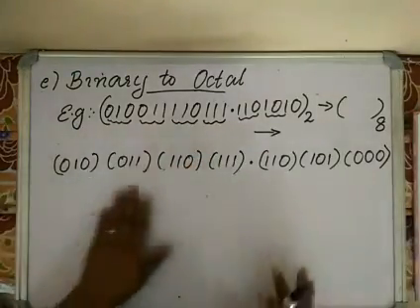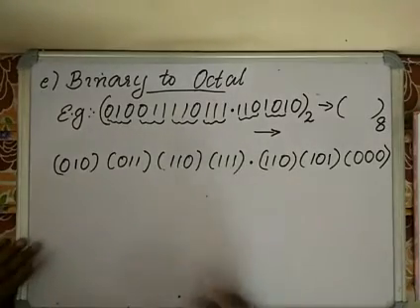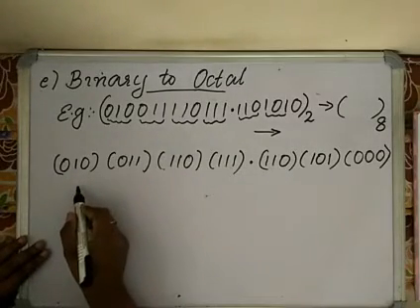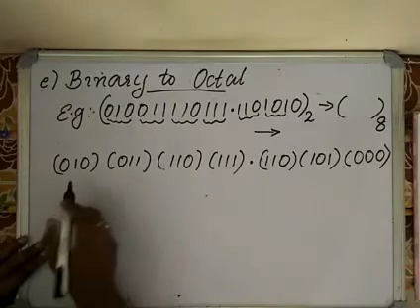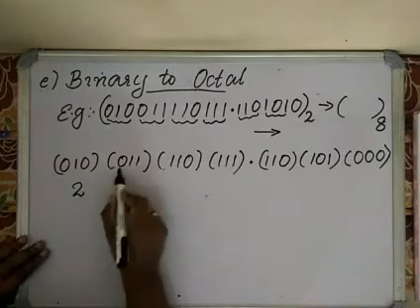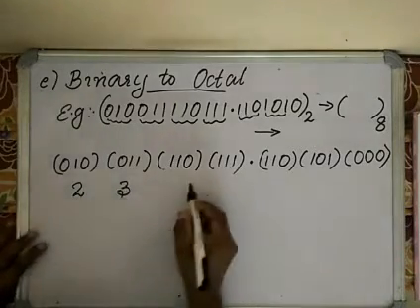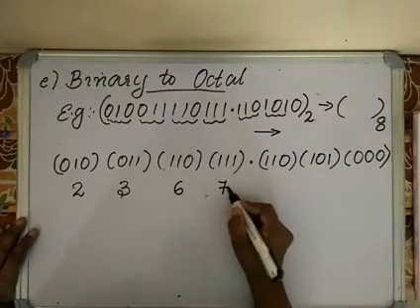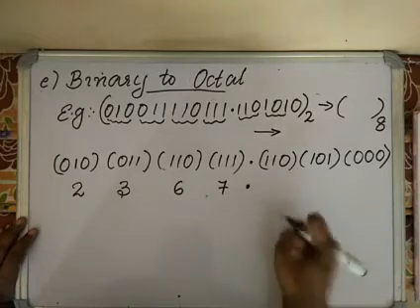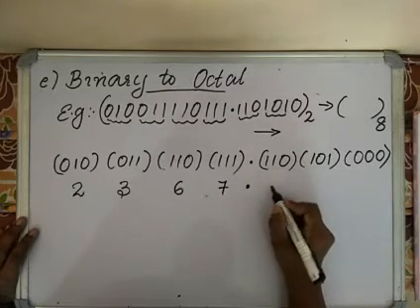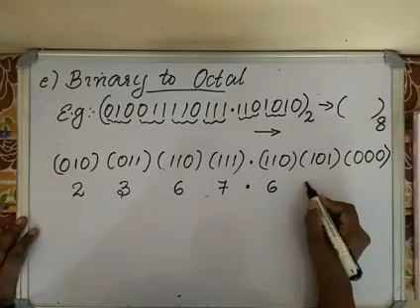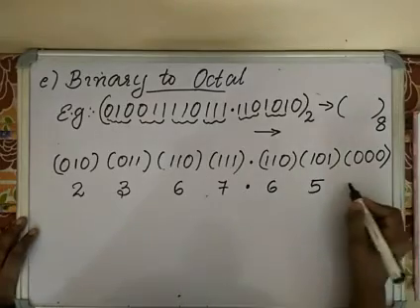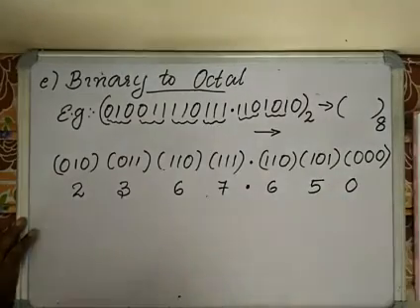Then after grouping into groups of 3, we write the octal equivalent of each group. 0, 1, 0 means 2, 0, 1, 1 is 3, 1, 1, 0 is 6, 1, 1, 1 is 7. Then dot, 1, 1, 0 is 6, 1, 0, 1 is 5, 0, 0, 0 is 0.